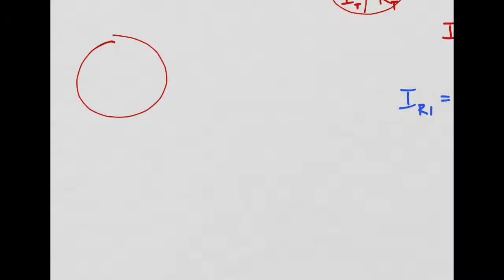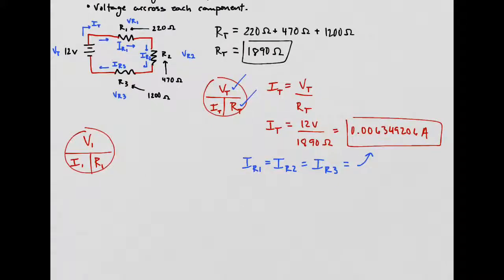So, circle. Let's say the voltage drop across resistor 1 is equal to the current through resistor 1 times the resistance. The voltage drop is going to be the current times the resistance, all of that for the single resistor.